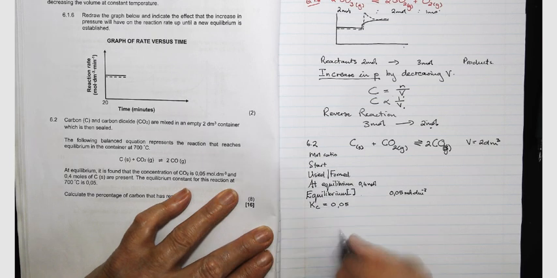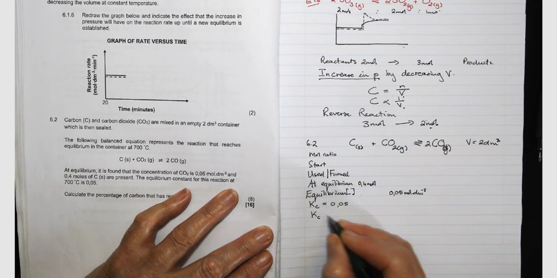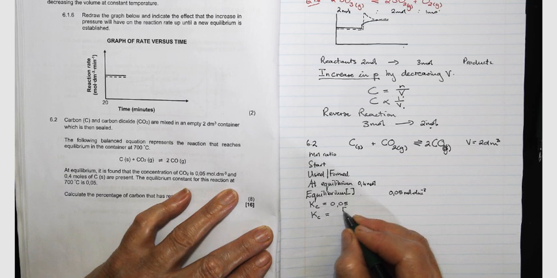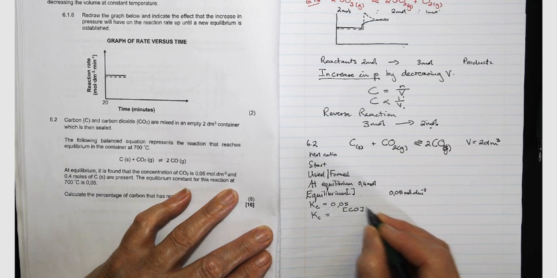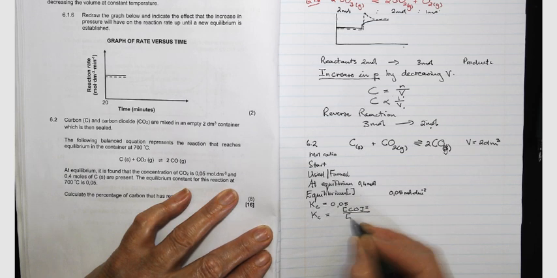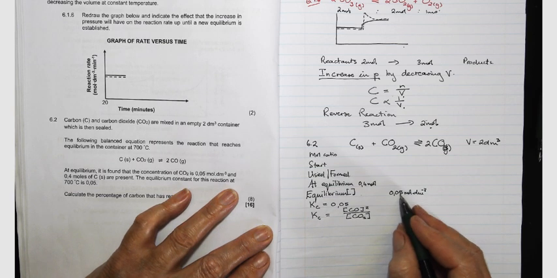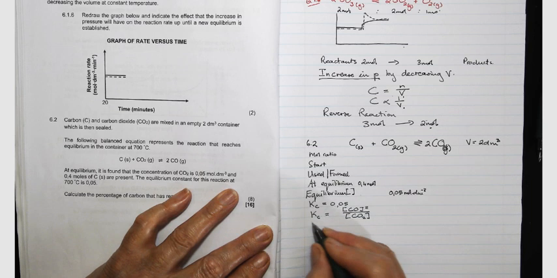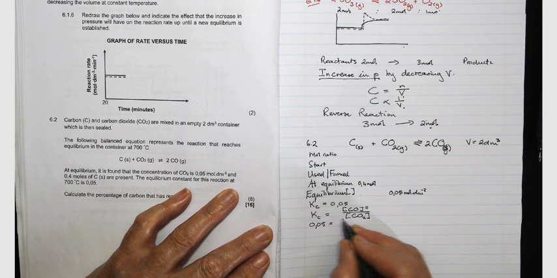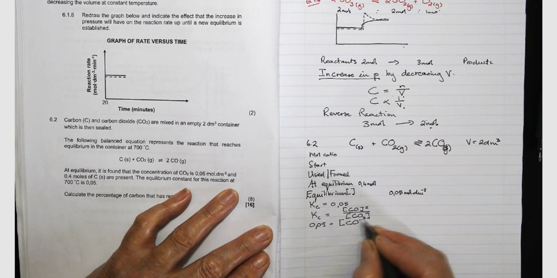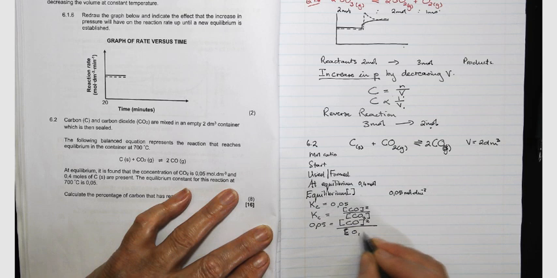Now the expression for Kc in this case is the concentration of CO squared divided by the concentration of CO2. Now the concentration of CO2 at equilibrium is given, and the Kc value is given. So we can use that to calculate the concentration of carbon monoxide at equilibrium. And this is 0.05.